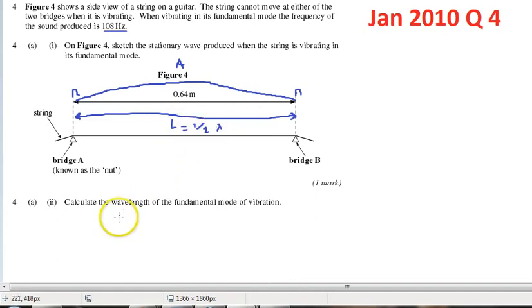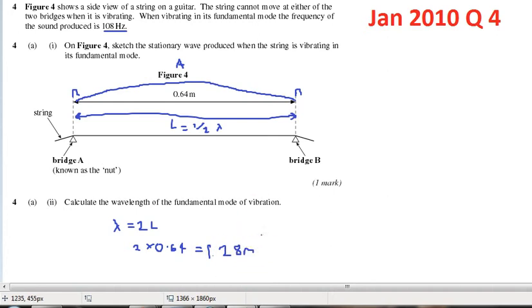So, to get my wavelength, all I need to do is double the length, which is 2 times 0.64, which gives me a wavelength of 1.28 meters.